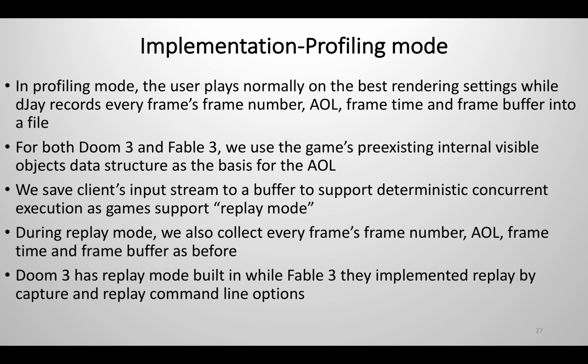By active object list, we mean a list of graphical objects used to render the frame. We save the client's input stream to a buffer to support deterministic concurrent execution, as games support replay mode. During replay mode, we can collect every frame's frame number, AOL, frame time, and frame buffer.